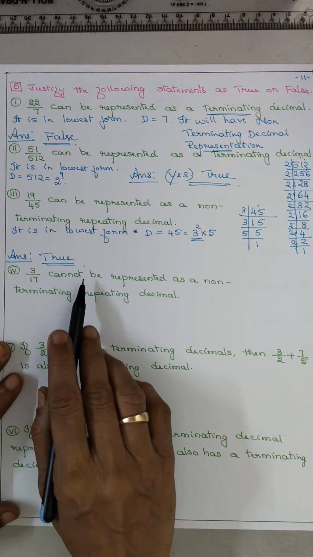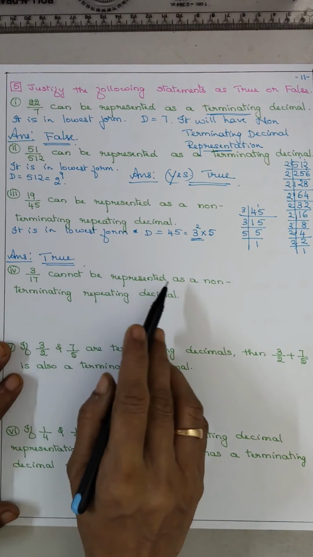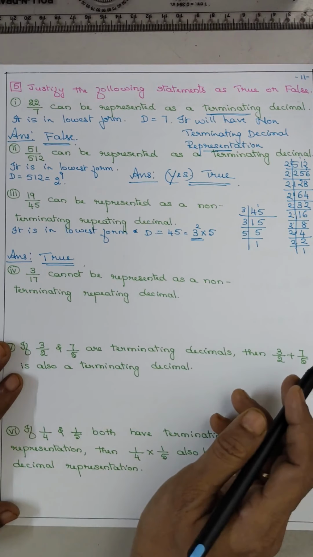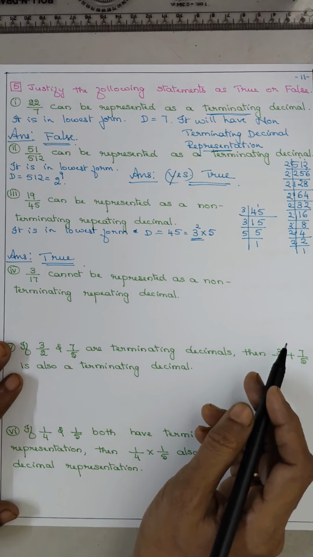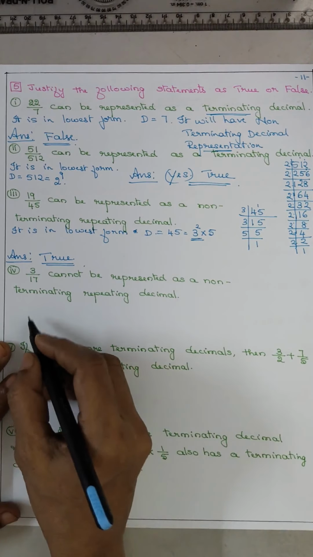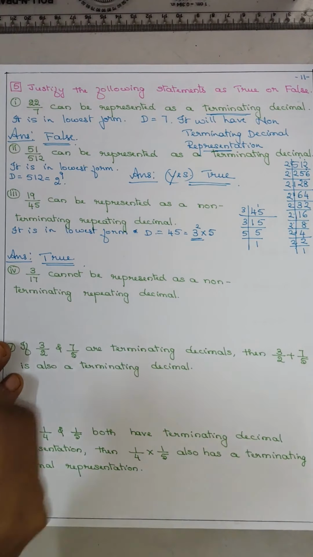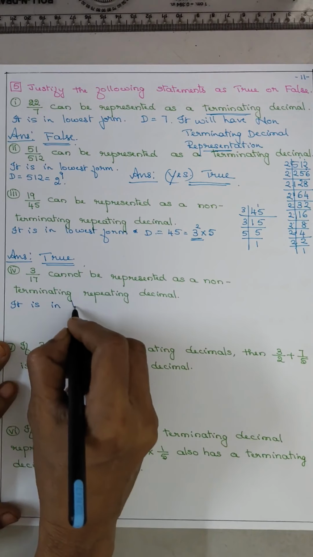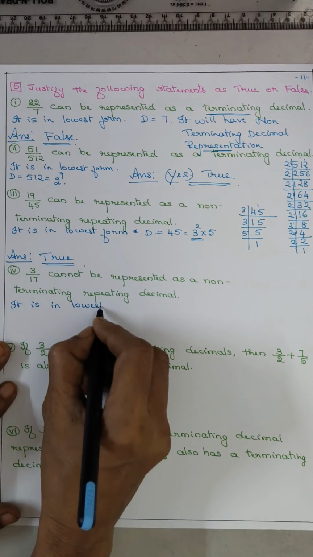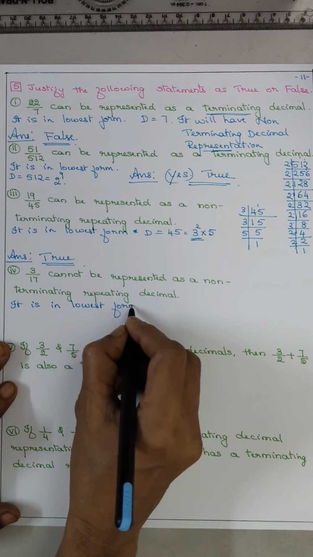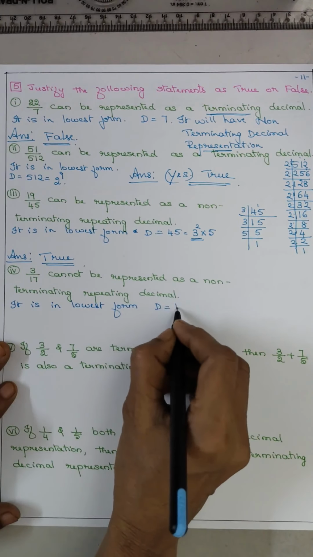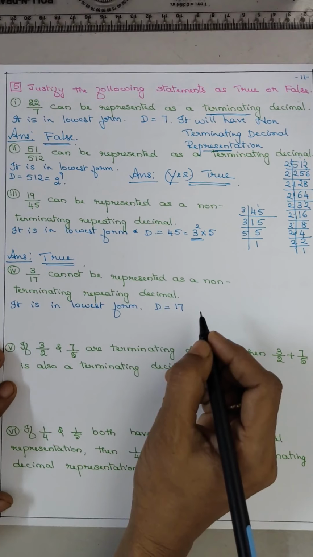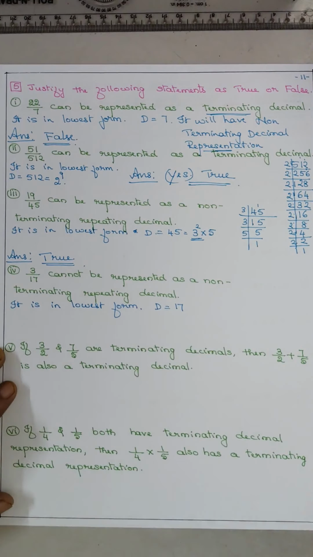Now 3 by 17 cannot be represented as a non-terminating decimal. So 17 is in the lowest form, the denominator is 17, so the prime factor is also 17, isn't it?